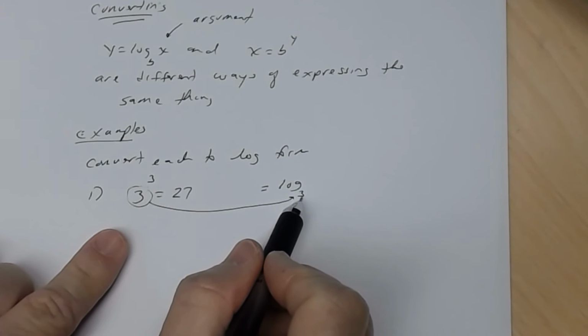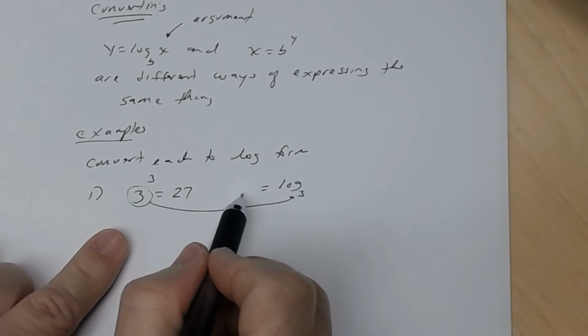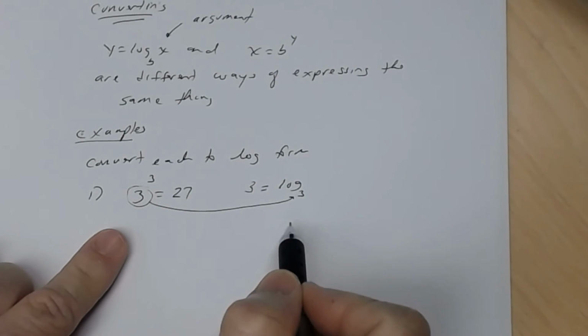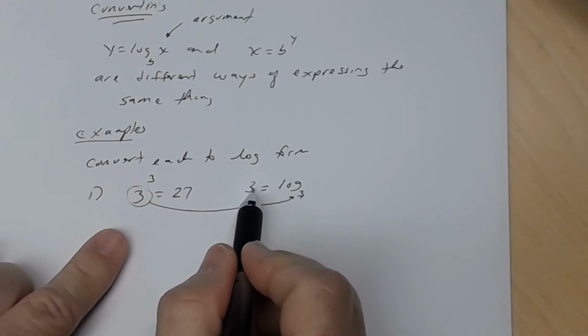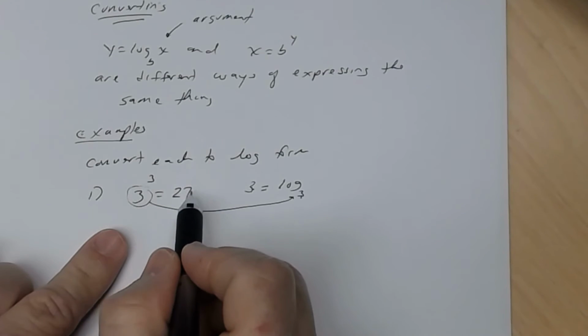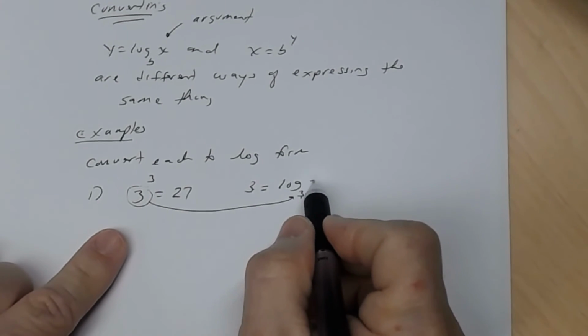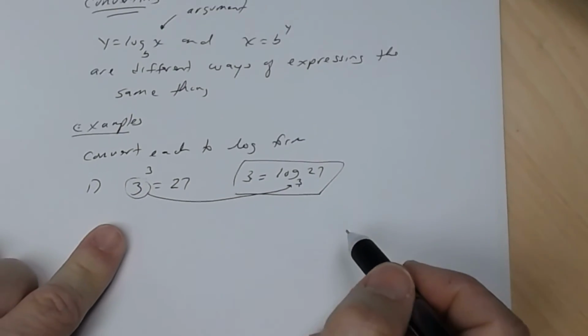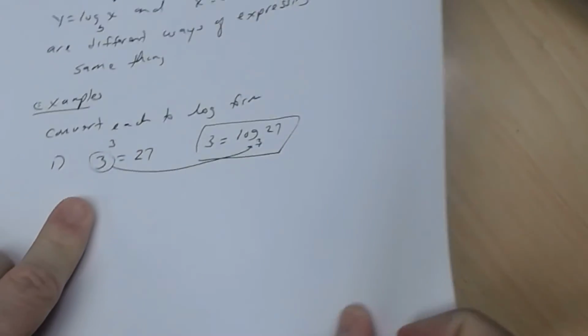My exponent is this 3 right here. So 3 cubed equals 27, and so 27 is the argument. There's your answer right there. It gets a little bit easier as you go through this. So let's look at number 2.